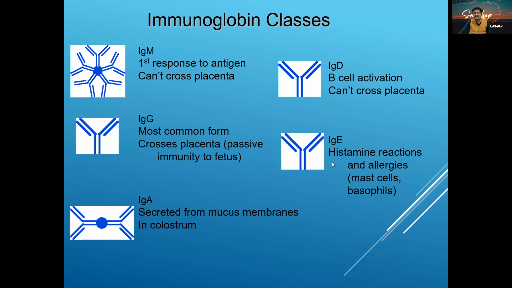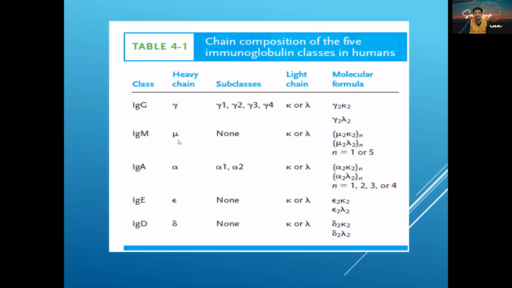Then IgE is basically for allergy purposes, found associated with mast cells and basophils, because they produce histamine. IgA is the secreted form, found in mucous membranes, in colostrum, and in tears. And these are the 5 classes, which have some subclasses as well, like IgG, which has gamma as the heavy chain.